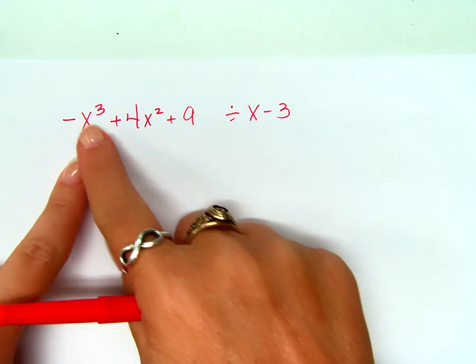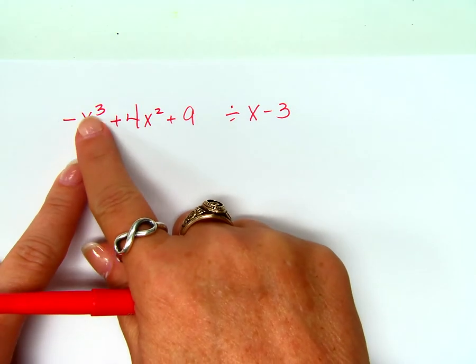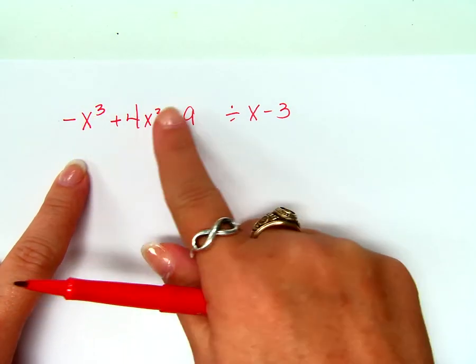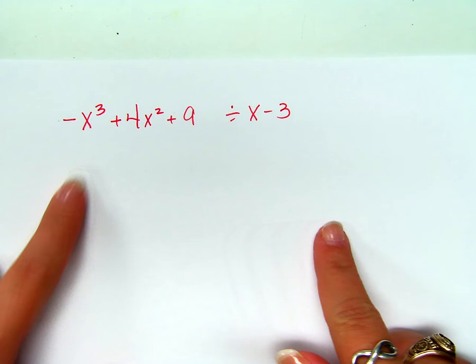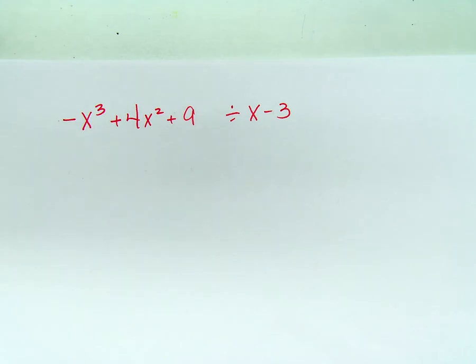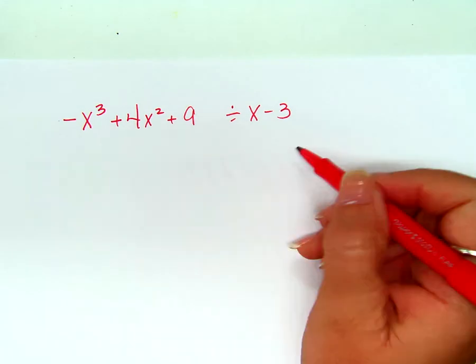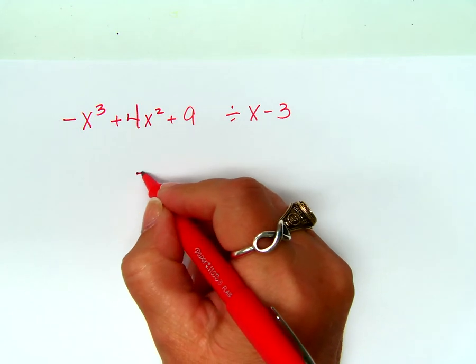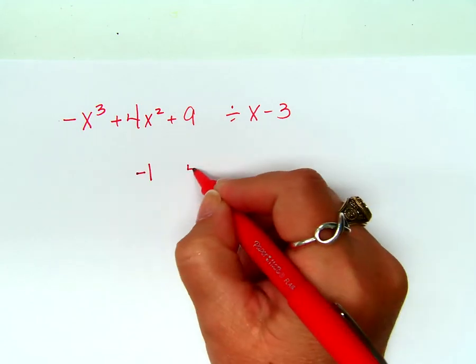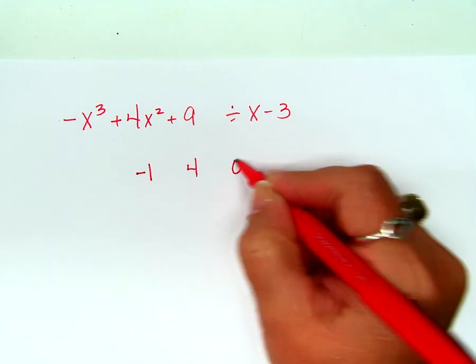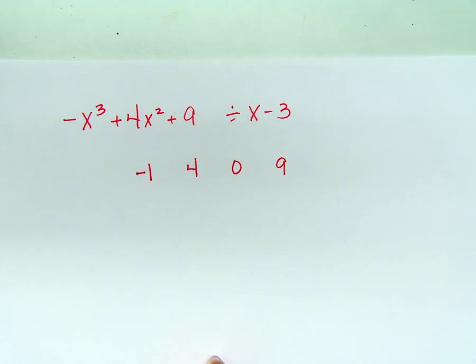Okay? What she was saying is, like how for the long division you have to have a cubed and a squared and an x to the first. Do we have to do that in synthetic division too? Absolutely. Okay? So when we go to write our coefficients, what are we going to write? -1, 4, 0, 9. I'm very proud of you.